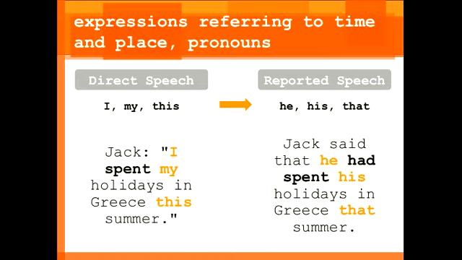So his holidays. And depending on when you actually use the reported speech, you would also have to change the this, it will become that. Now, 2 weeks later obviously isn't a change in year, but if you use the reported speech 2 years later, you would have to say Jack said that he had spent his holidays in Greece that summer.